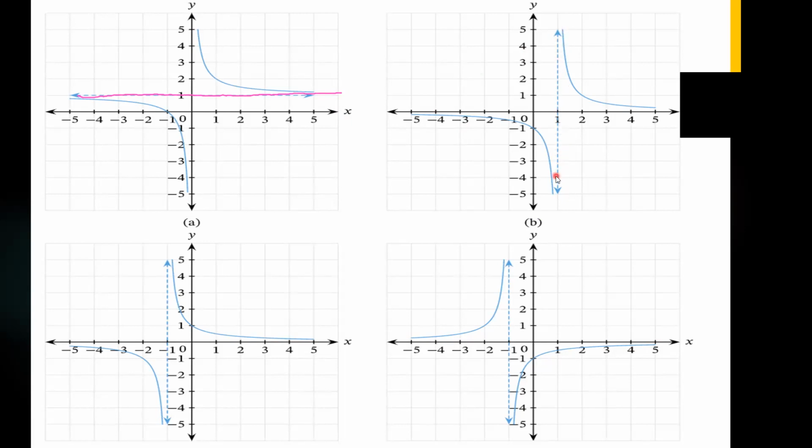This line didn't intersect with the curves, so this will be an asymptote. Look at the third one here. This line didn't intersect the curve, so this is the asymptote. This line didn't intersect the curve either, so this will be an asymptote. So the asymptote is where the curve didn't touch the line.